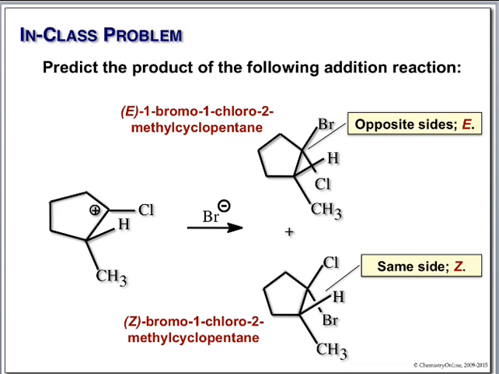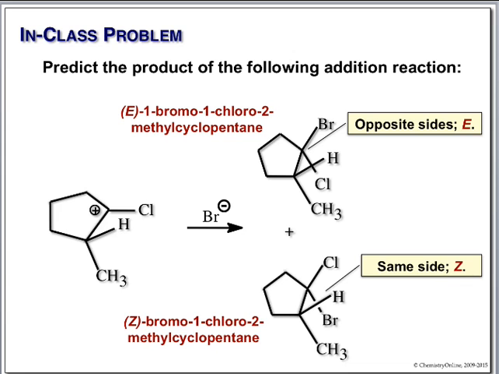Now, I said this is a mixture of diastereomers. Do you think that they're going to be formed in the same quantity? Think about the 2 pathways. The carbocation is flat, isn't it?